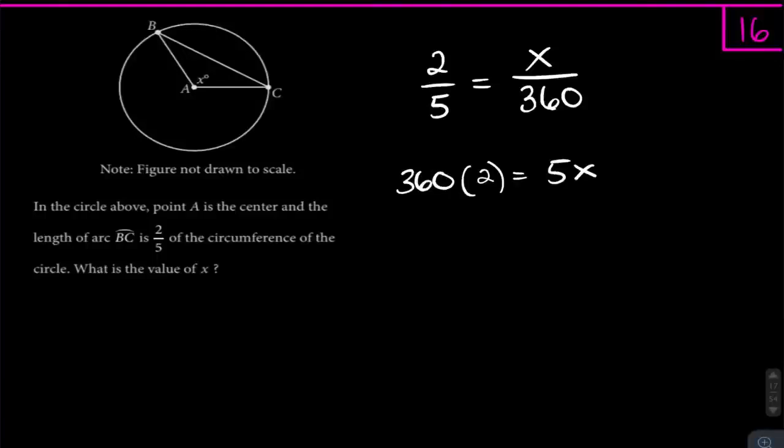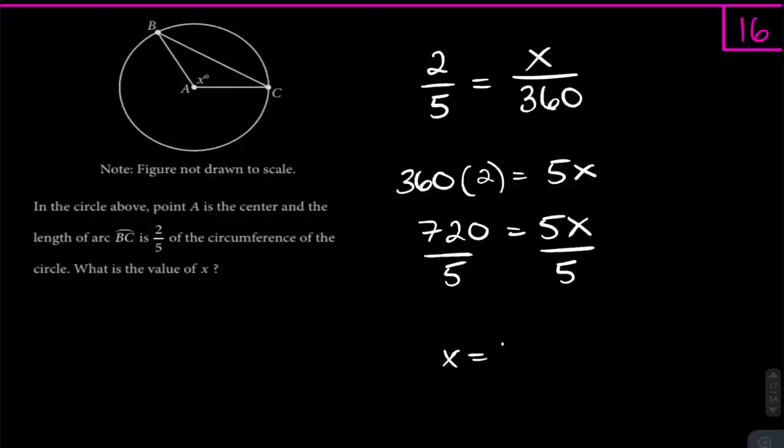This ends up being 720 equaling 5x, and dividing by 5 on both sides, you can just do some long division there, because I don't believe this is a calculator problem, since those are all after problem 30. But yeah, you get x is equal to 144 degrees.